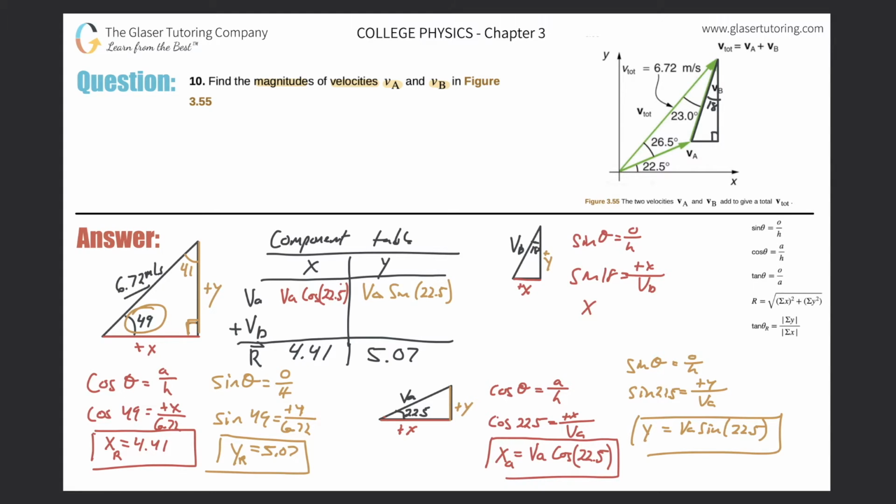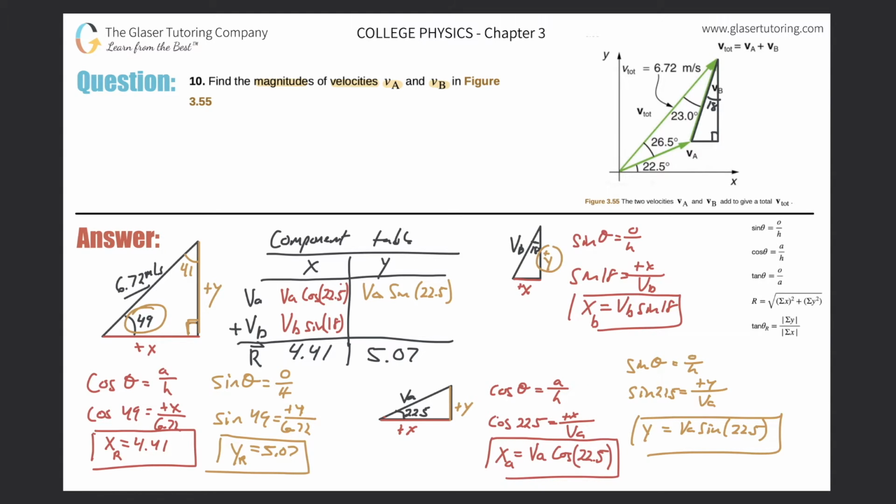Now, the x component here of vector B is simply VB sine of 18. What can I do with this now? I can go to my table, locate the x component and the VB, and I can plug it in. So let's do that. So I have VB sine of 18.